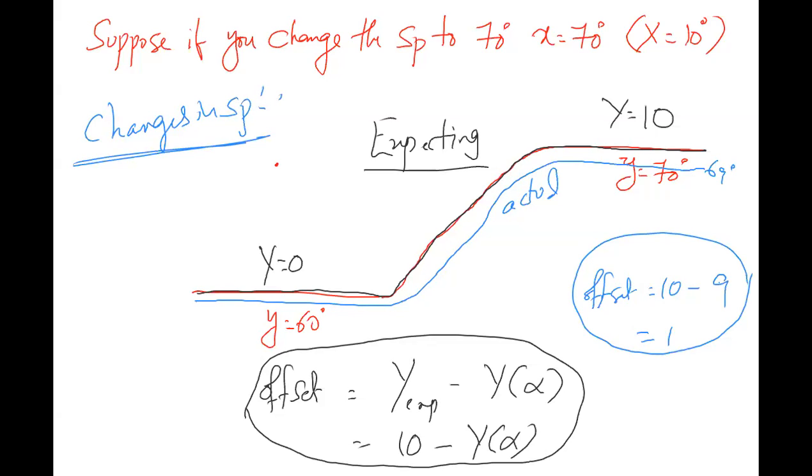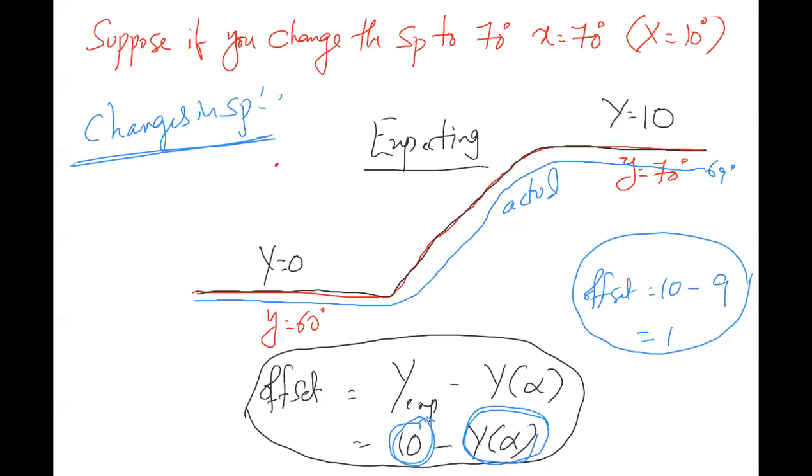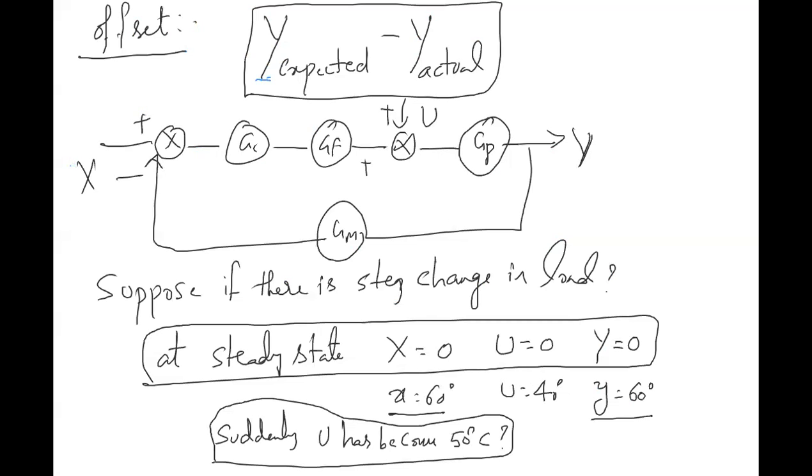So for changes in the set point, it is the change that you have given minus what it actually achieved, because your Y response has to follow the set point. Whereas in the previous one, this is what my expectation was. Clear? So it is 0 minus Y infinity. Here it is 10 minus Y infinity. But the fundamental definition of offset is your expected response minus what you are achieving. Just take 2 minutes to understand this concept.